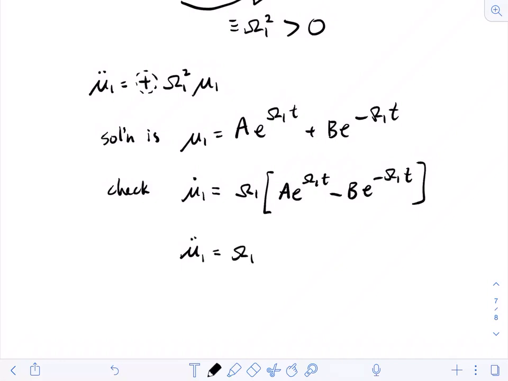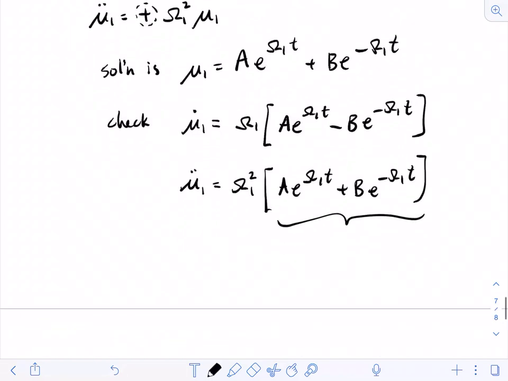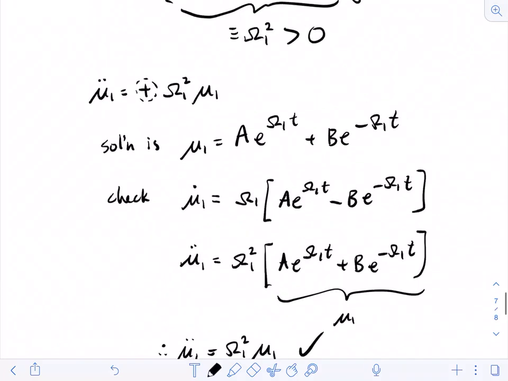We get another factor of omega 1 for the first term, and another minus omega 1 for the second term, so that becomes plus. But this thing in square brackets here is exactly the assumed solution for mu1. And so mu1 double dot is equal to omega 1 squared mu1. And that's exactly the differential equation that we had.